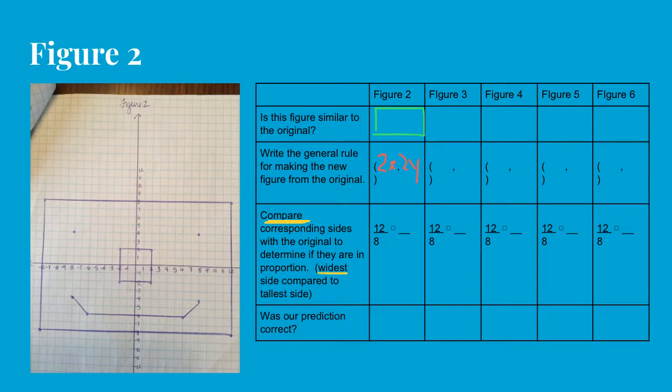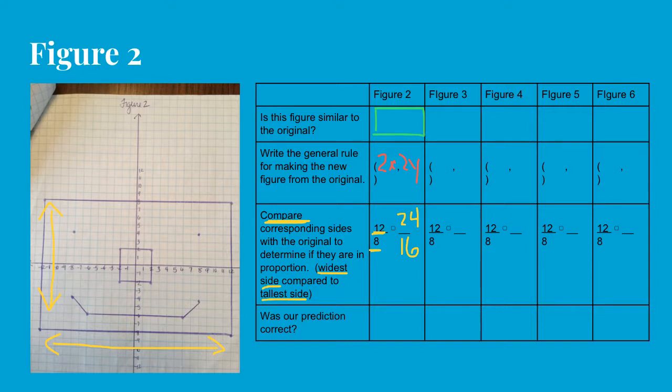My widest side, notice I already have the 12 from figure 1, compared to the tallest side on figure 1 was 8. I want to know, is that in proportion to this figure 2 side? If I were to count its widest side, this side right here, I would find out that figure 2 is 24. So I'm going to put a 24 right here. And if I wanted to count how tall figure 2 was, figure 2 is going to be 16.